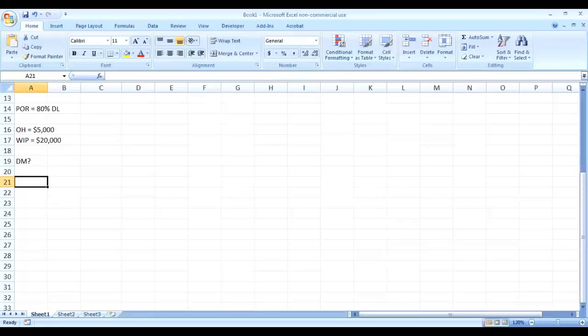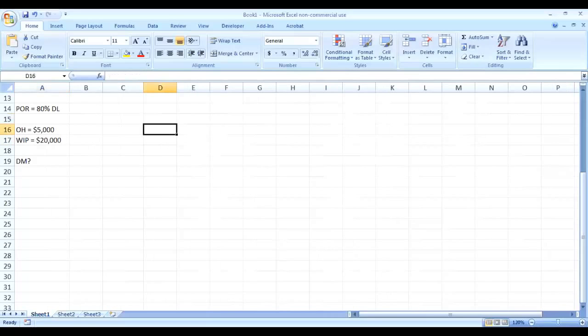Okay, so the question is, what total product cost would be included in this work in process amount of $20,000? Right, all of our product costs fall into 3 buckets, right? Direct materials, direct labor, and manufacturing overhead.